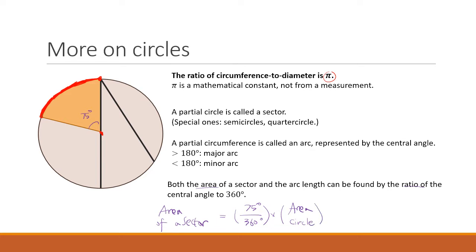Similarly, for the arc length, if I'm looking at the arc, all I have to do is 75 degrees over 360 degrees times the circumference of the original circle, and that gives me the arc length.